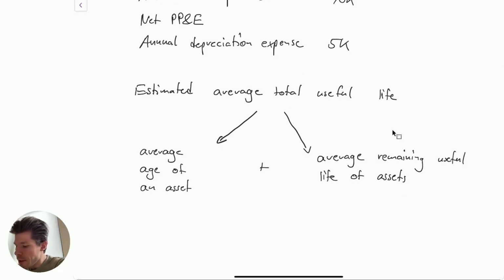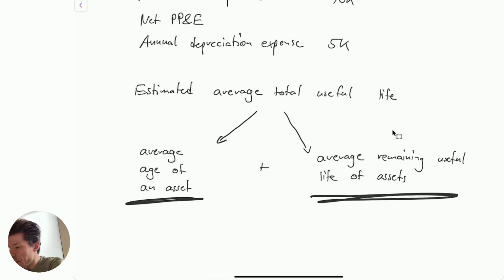Basically, okay, how old is the asset already and how much time is left for this asset to be used.